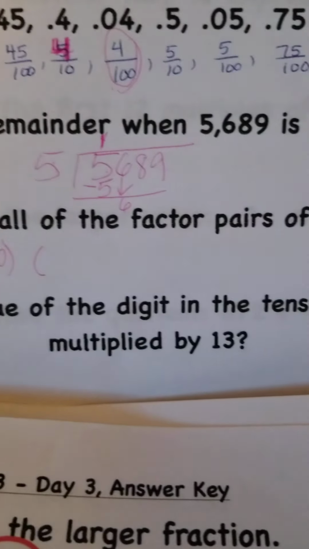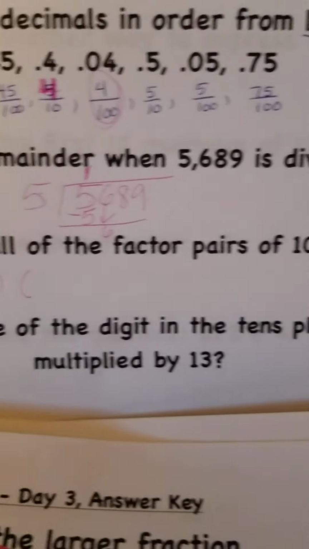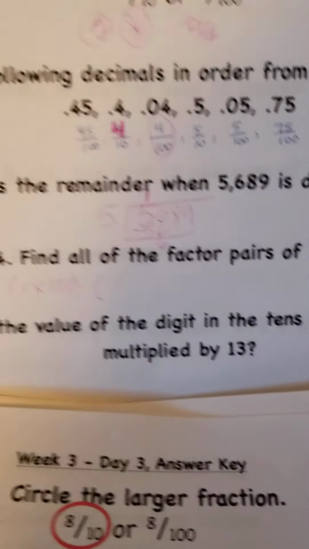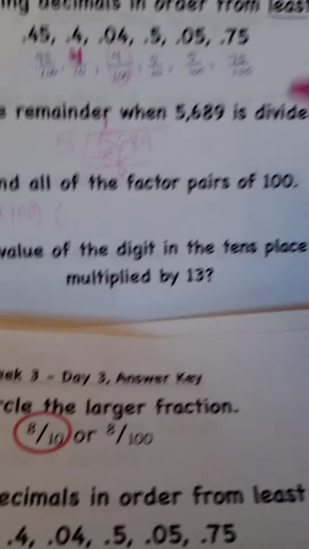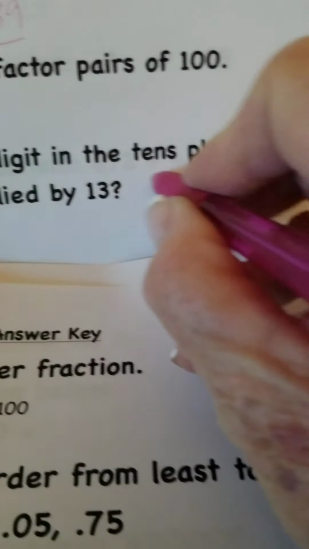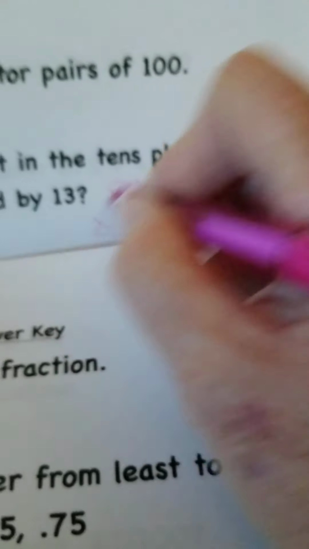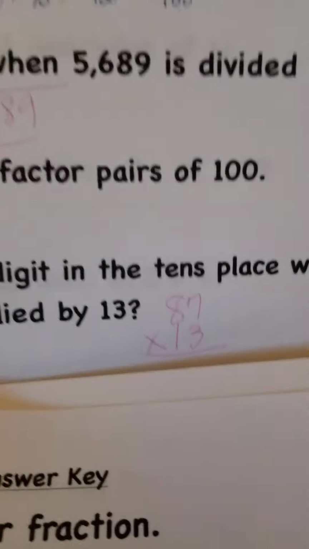Number 5. What is the value of the digit in the tens place when 87 is multiplied by 13? So step 1 is you need to take 87 and multiply it times 13 to get that step 1.